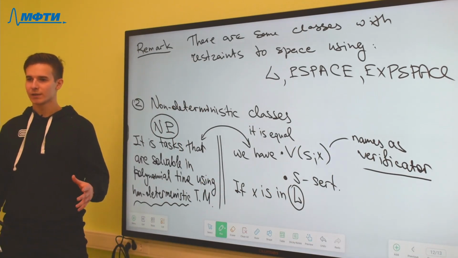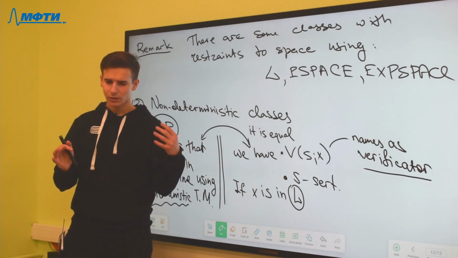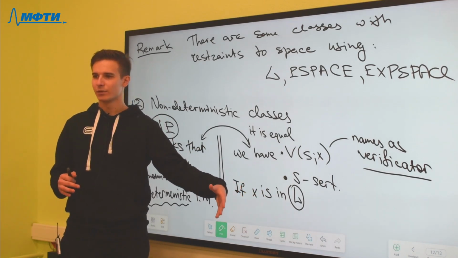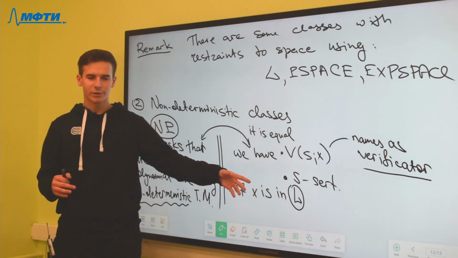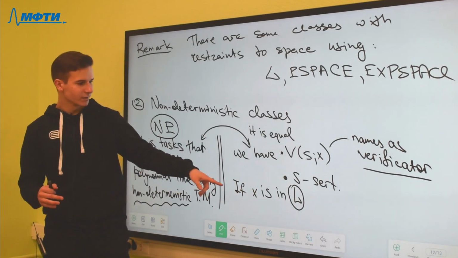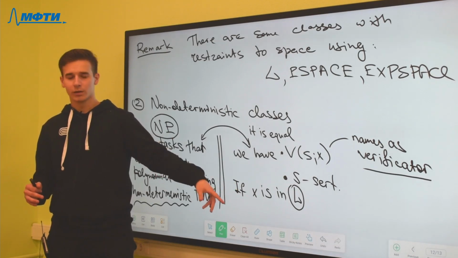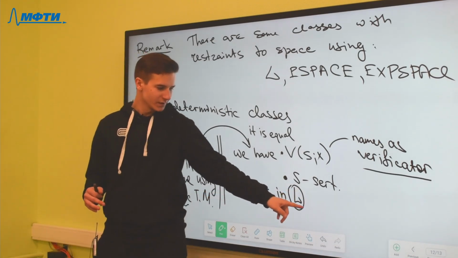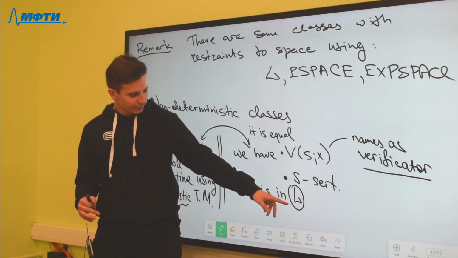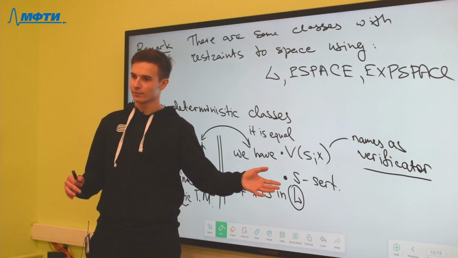It is a set of, for example, graphs or strings or other objects with the answer yes. In the case of the coloring problem, this set is the set of graphs that we can color with 3 colors.